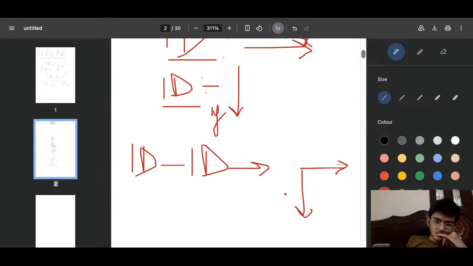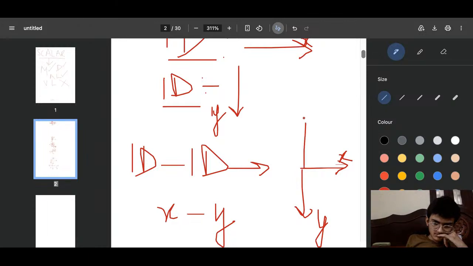So if this is x and this is y, I'm doing x minus y. I can do it this way: I define this particular one as y, and this will be minus y.